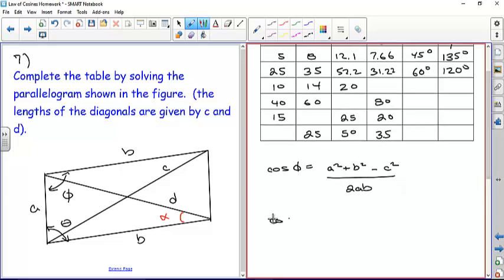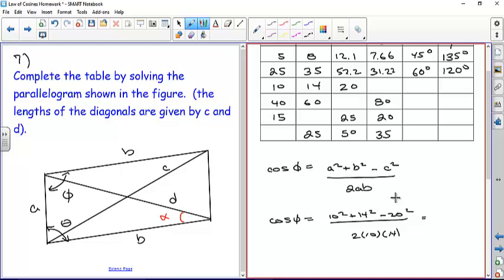So we get the cosine of phi is a squared, which is 10, plus b squared, which is 14, minus c squared, which is 20, divided by 2 times 10 times 14. So 10 squared plus 14 squared minus 20 squared is negative 104, divided by 2, 10, and 14.